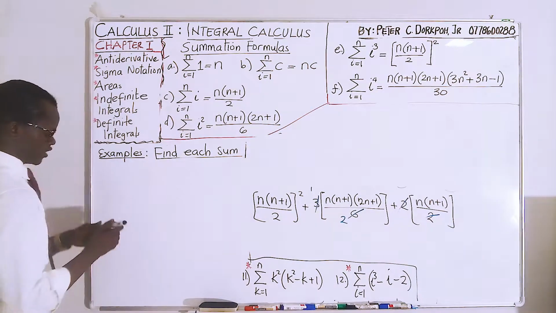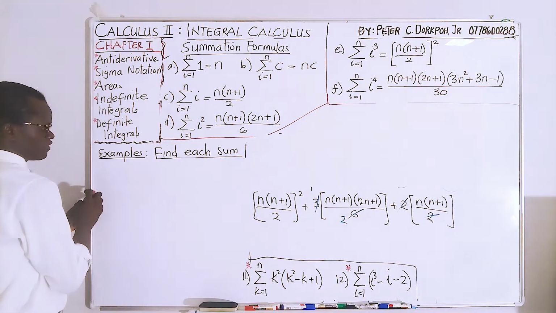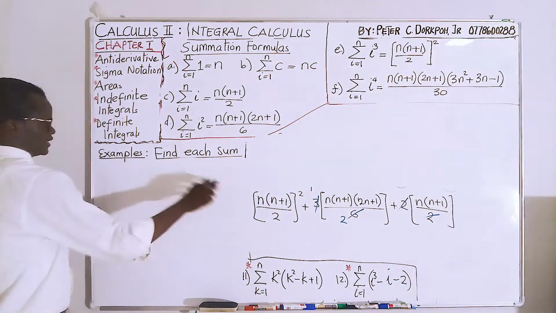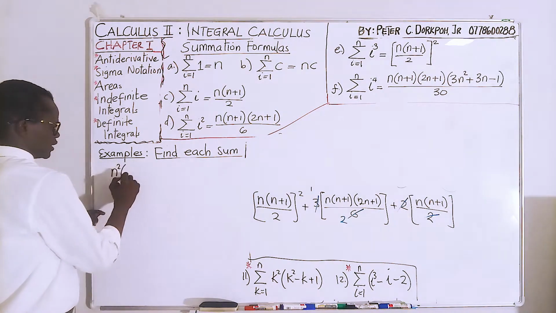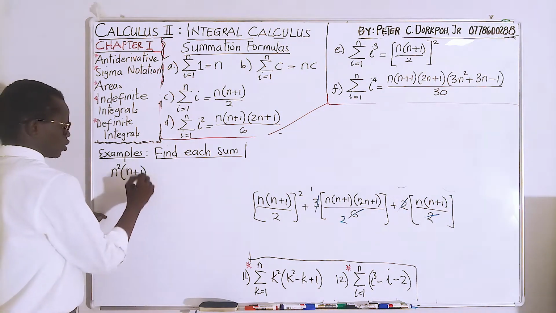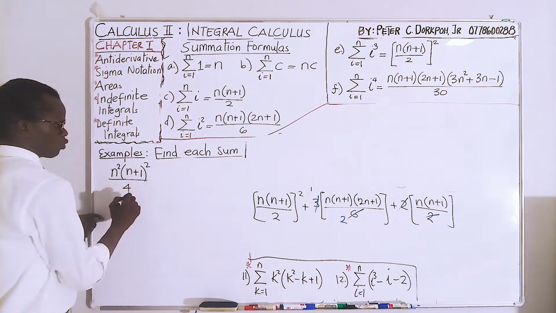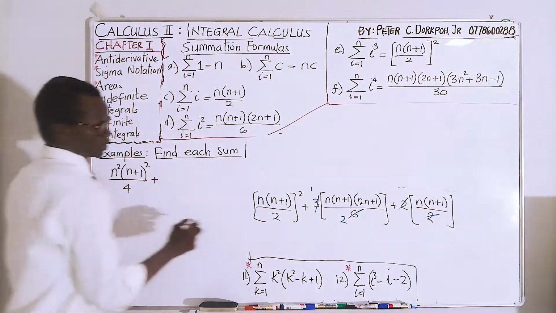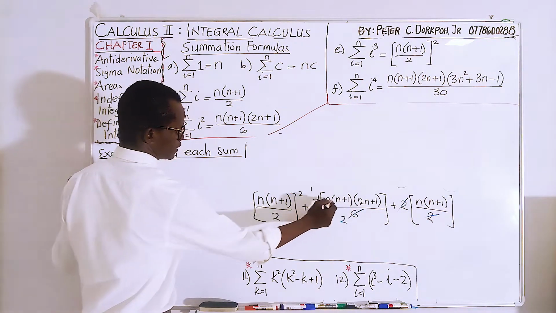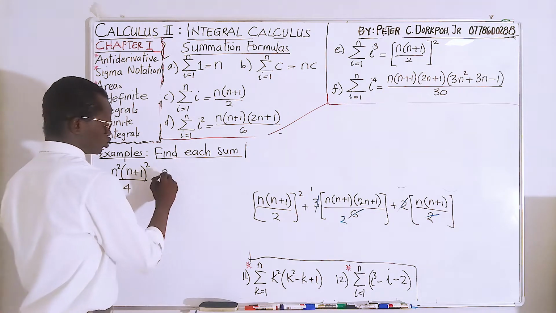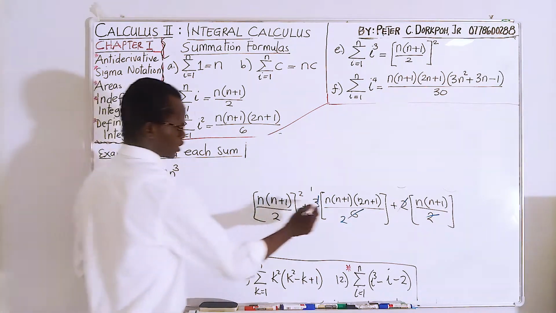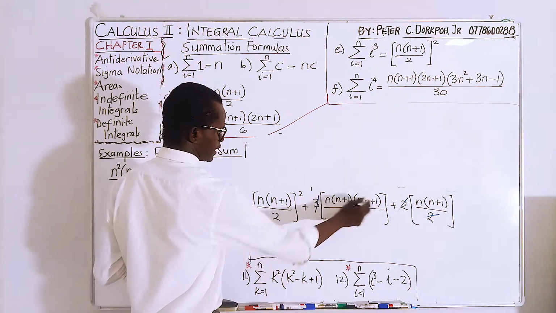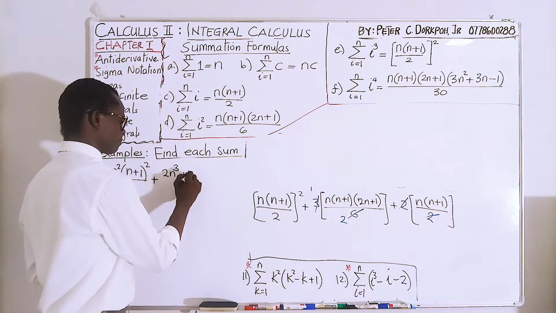So now we simplify that. We expand this thing, right? That is n squared times (n plus 1) all squared divided by 4, plus n times 2n times n is 2n cubed. n times 1 is n, times this one is n squared.